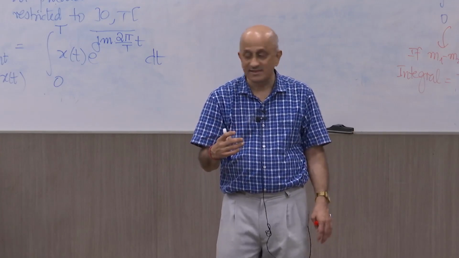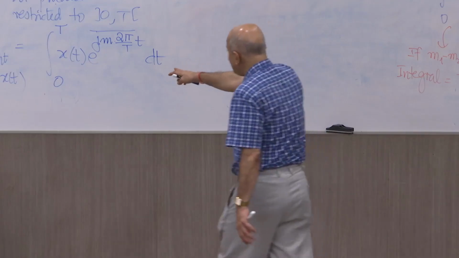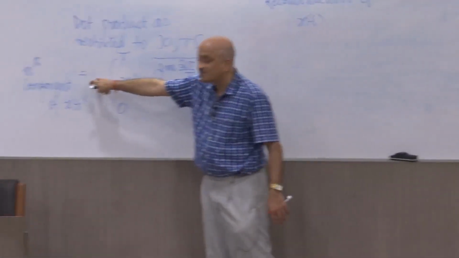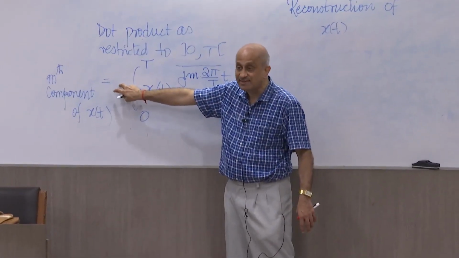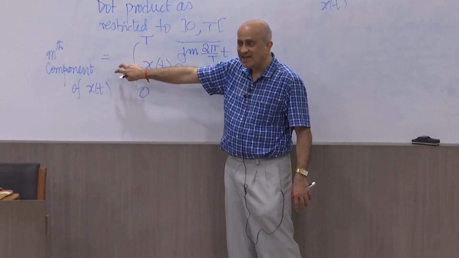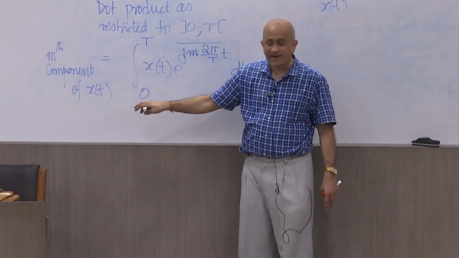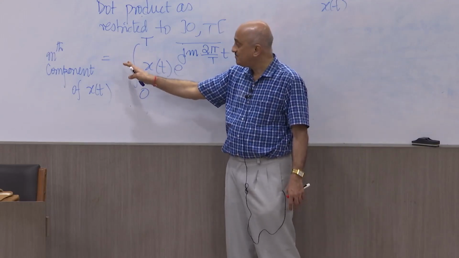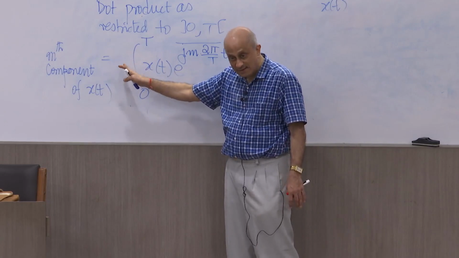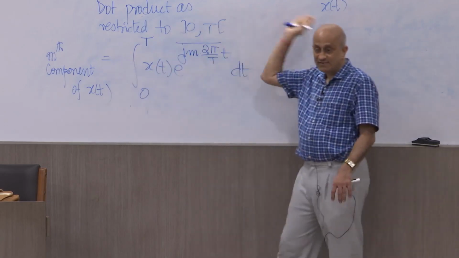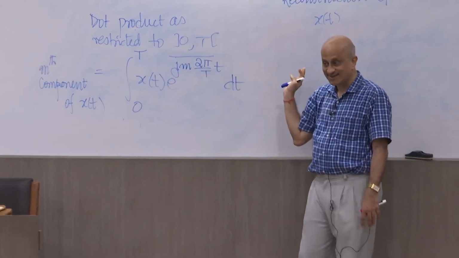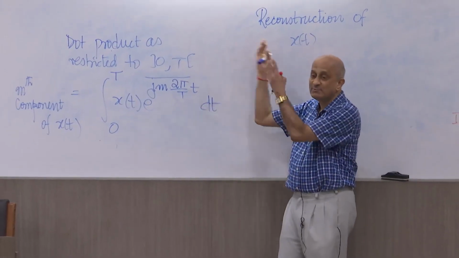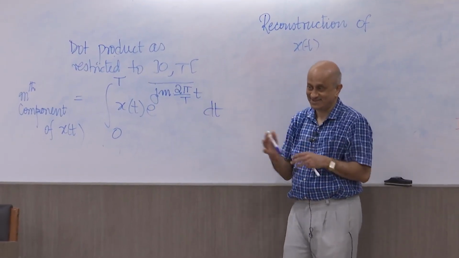So on the forward side, we should have divided by square root of T if you wanted to take the dot product with a unit vector. Instead of doing that, we don't divide by the square root of T here. We should have divided by the square root of T here, and we should have also divided by the square root of T when reconstructing. But we take both those square roots of T on the reconstruction side.